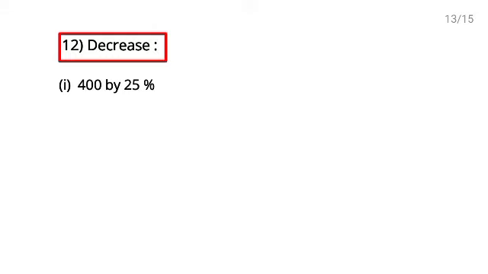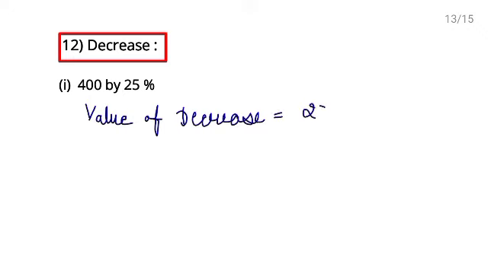Okay, so here decrease now, so first of all find value of decrease. कितनी हो जाएगी 25%, it means 25 upon 100 of 400.